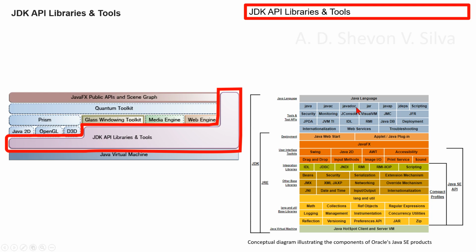A doclet is a program written with the doclet API that specifies the content and format of the output to be generated by the tool. You can write a doclet to generate any kind of text file output such as HTML, XML, RTF, and MIF.